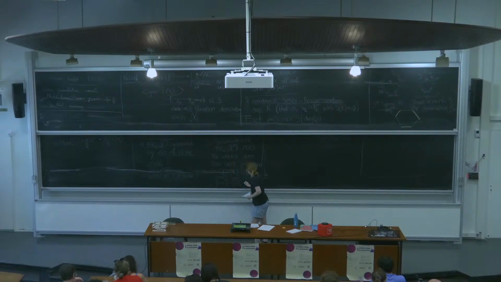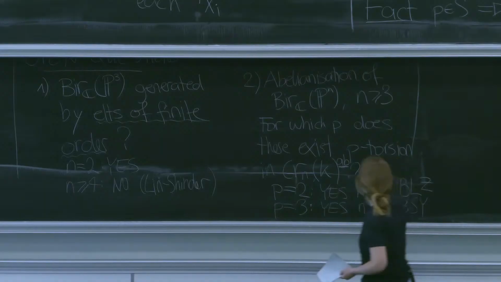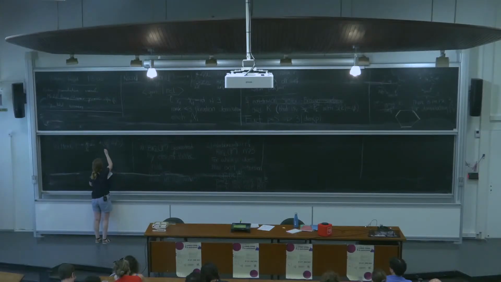But here we only know it for n at least 4. Okay, so here we know it for n at least 4, and this is from the work with Blanc and Jasinski. And in fact, the 3-torsion comes from this part here.